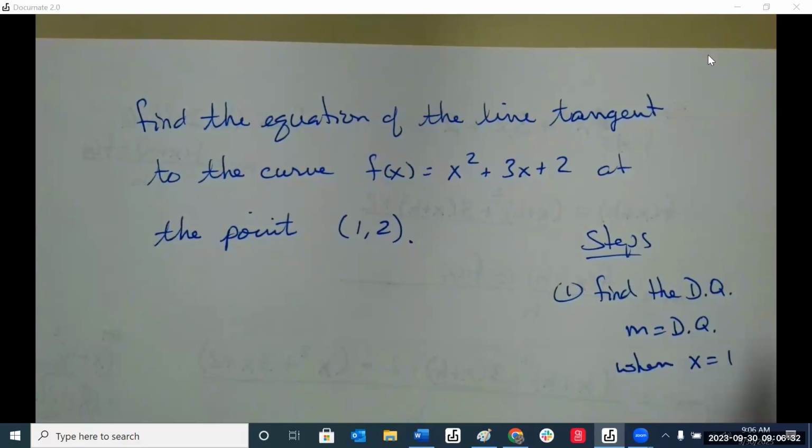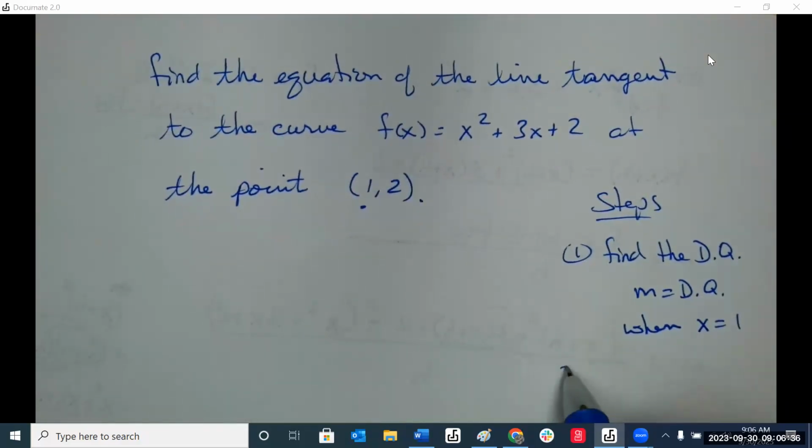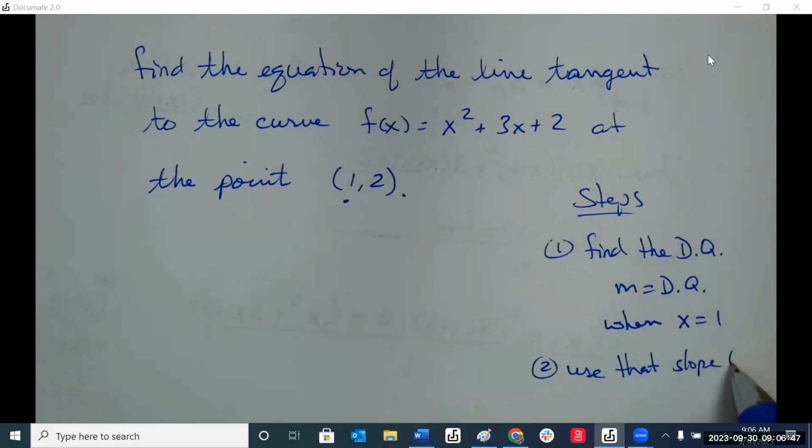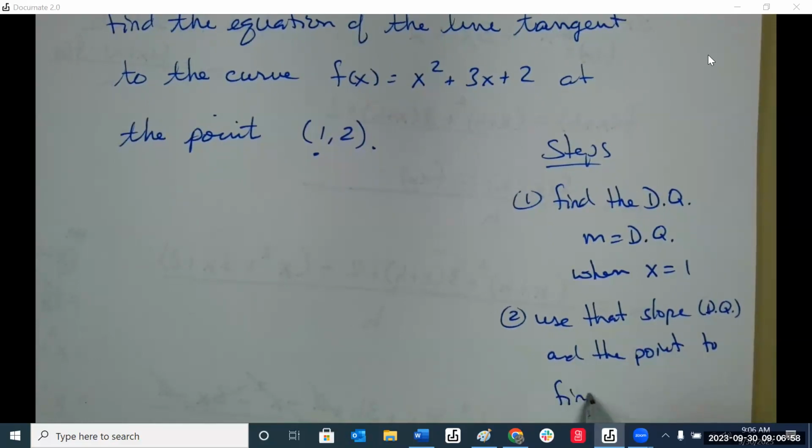When x equals 1, use that slope. The difference quotient is a slope. And the point to find the equation of the line.